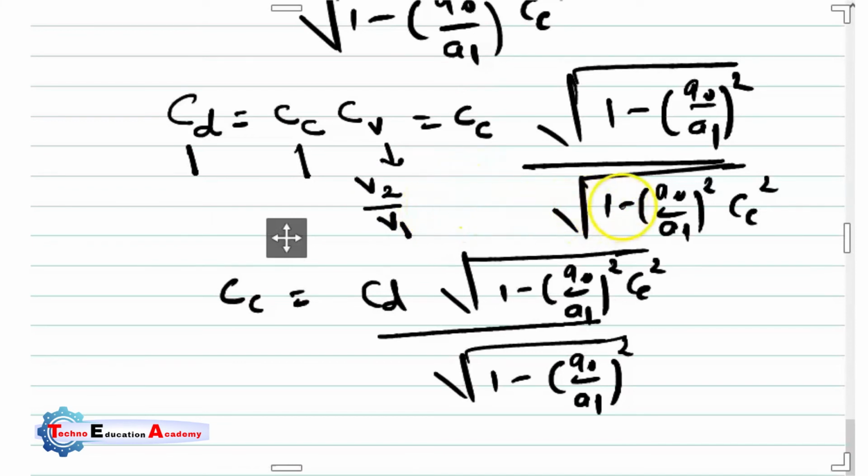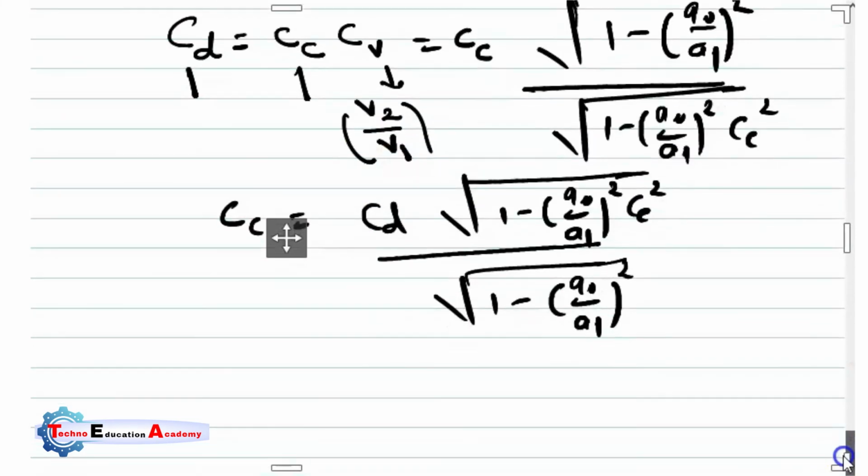In our case, we have already derived the equations of V2 and V1 in the form of area. So CV is equal to V2 by V1: this is the equation of V2 in the form of area of orifice and area of section 1, and this is the equation of V1 in the form of area and orifice. So like that, CC is equal to CD bracket under root 1 minus (A0 by A1) square CC square under root 1 minus (A0 by A1) square.